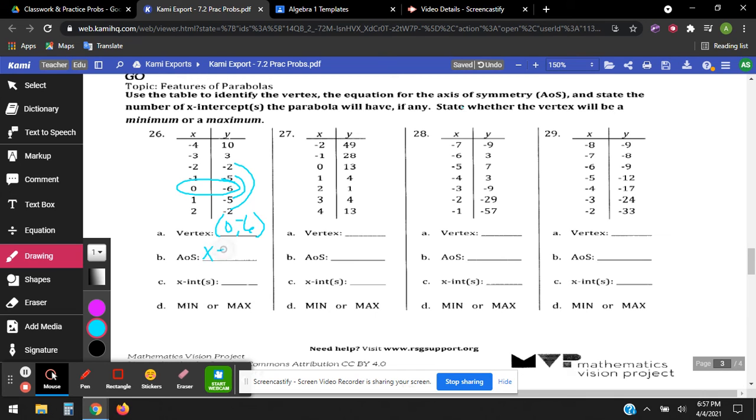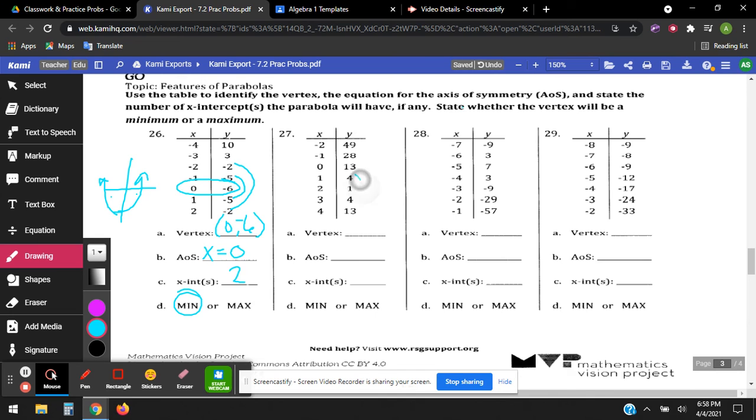So my axis of symmetry is x equals 0. X-intercepts, looks like it's going to go up this way. 2 x-intercepts, and that makes this a minimum.